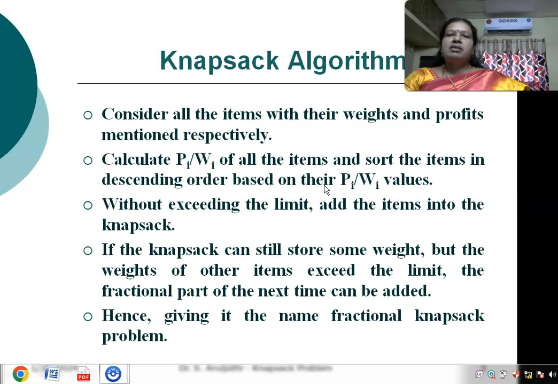I handled it with 4 logics or strategies, and I attained the maximum profit when I calculated Pi by Wi for the items and sorted the items in descending order based on their Pi by Wi values. I have to be careful to fill the sack without exceeding the maximum limit, and it can store fractional values also.